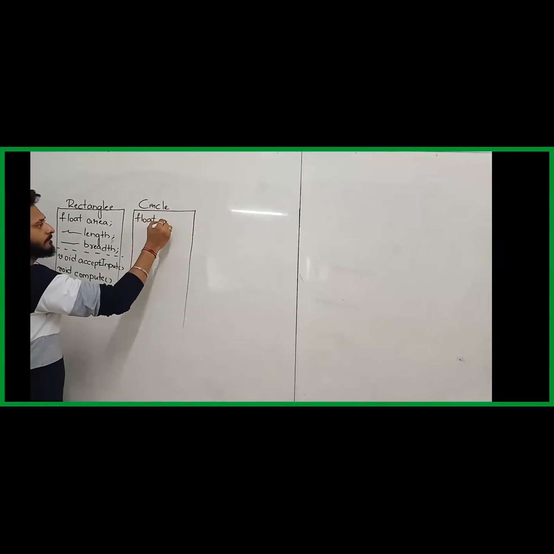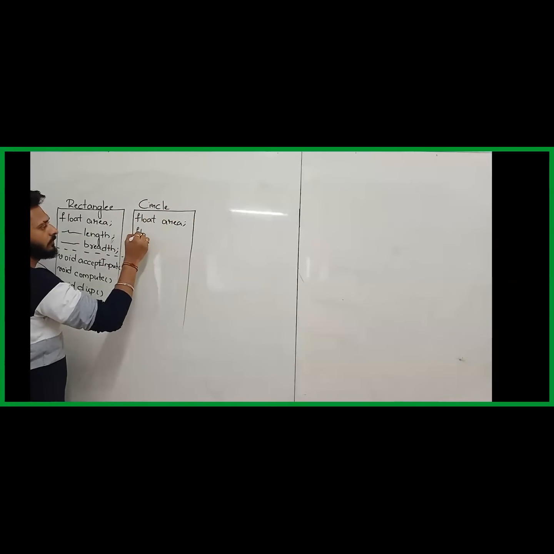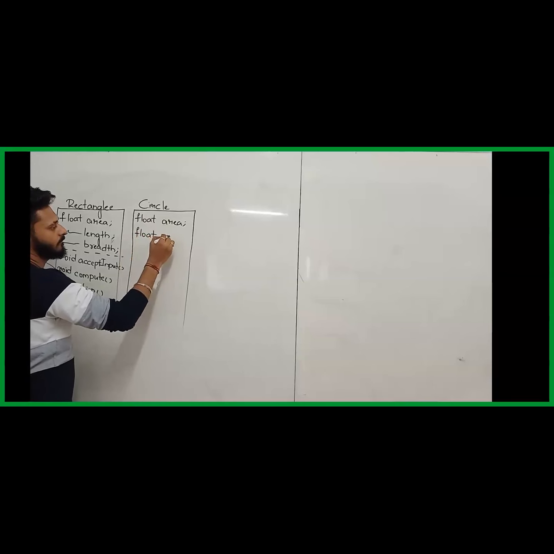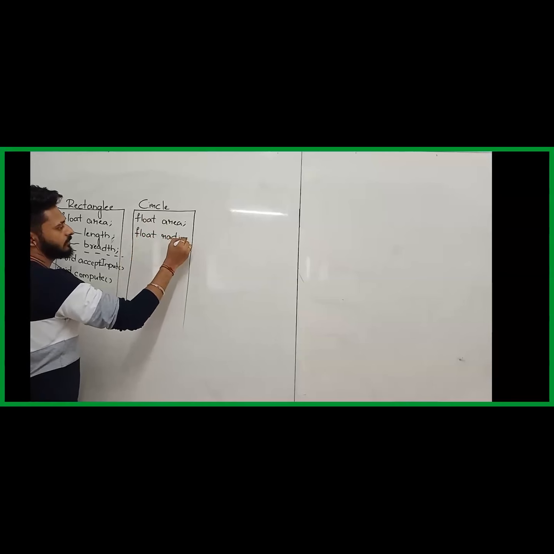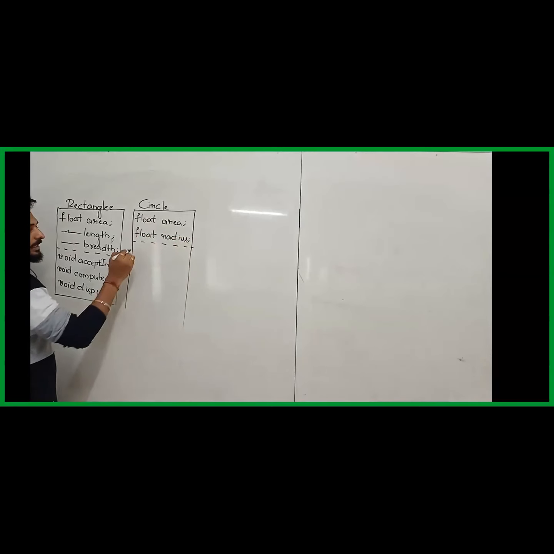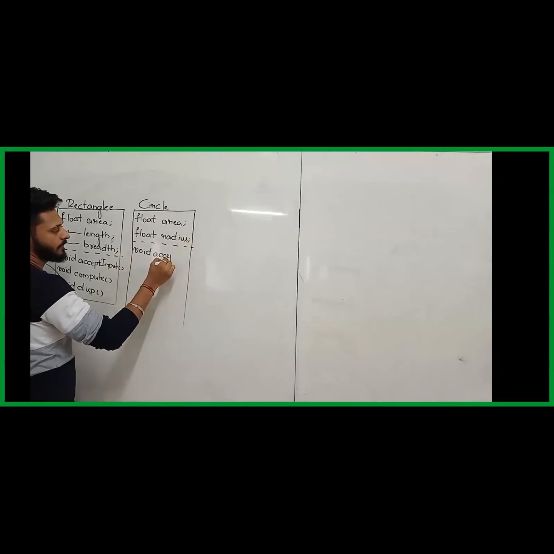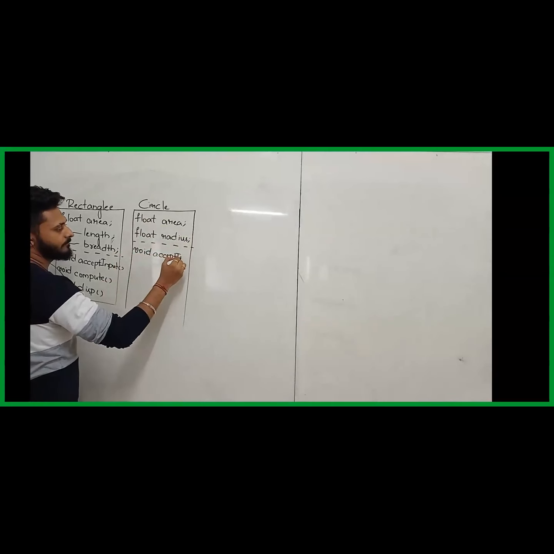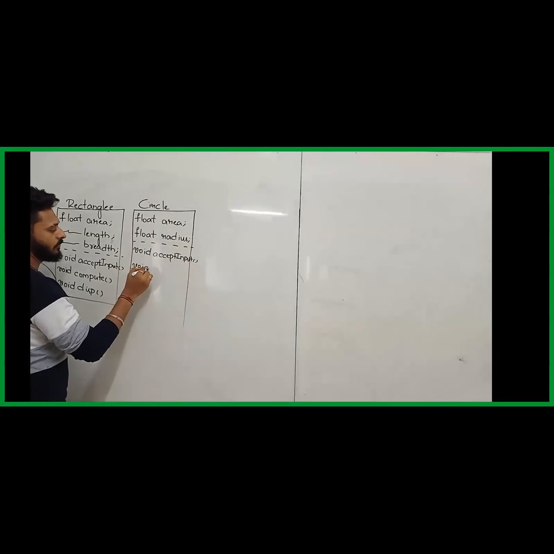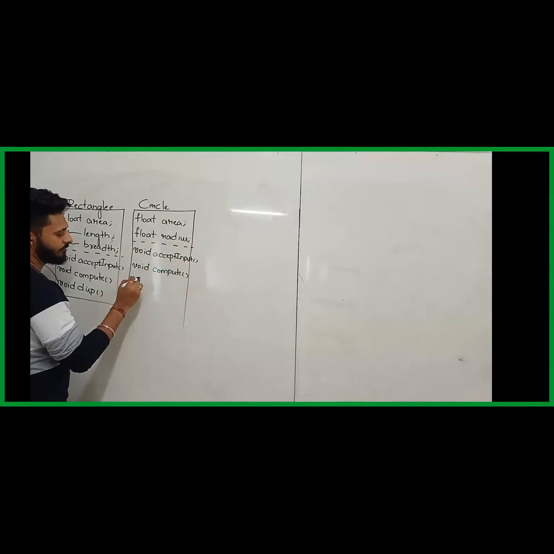Float type area, and then float type radius, and then methods anyway: void accept input, and then void compute.